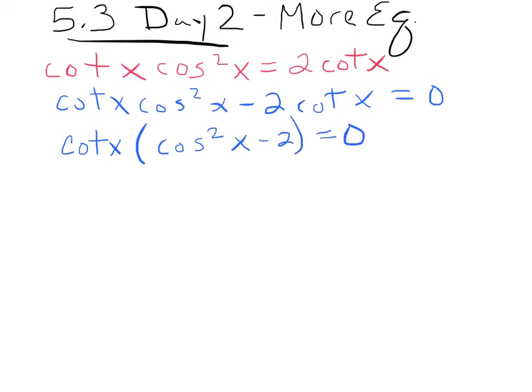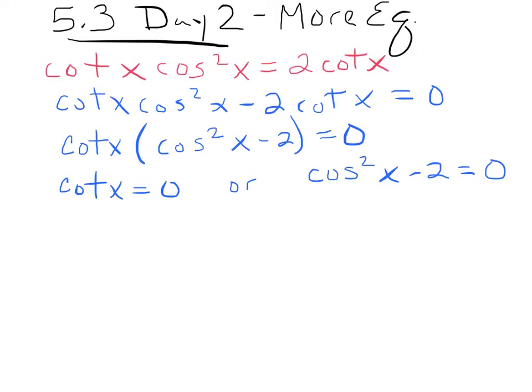Okay? So just like with polynomials when we were solving those, if you've got an equation that's in factored form and it's set equal to 0, then that means that one of the factors must be 0. So either cotangent of x is equal to 0, or it's the cosine squared x minus 2 that's equal to 0.